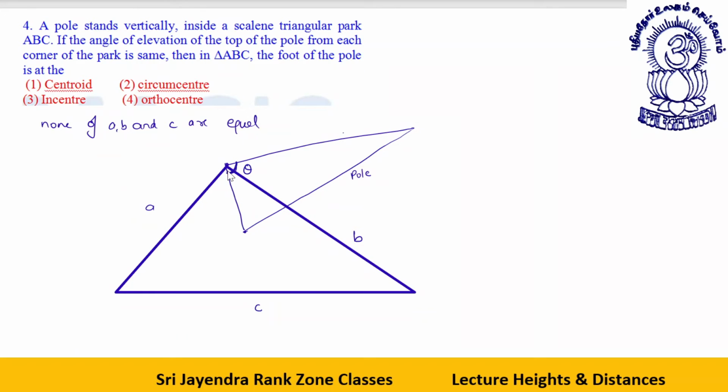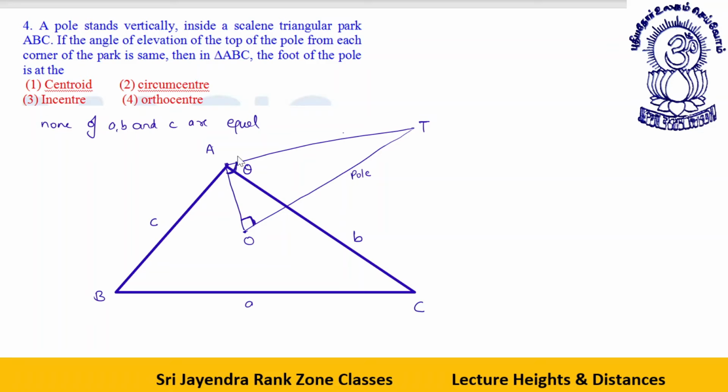Getting it, dear students, tan theta. Like this is base and this is perpendicular. I take this point as O. I take this point as T. Let me name them properly. This is A, this is B, this is C. This angle is 90 degree. Okay, now think about it.